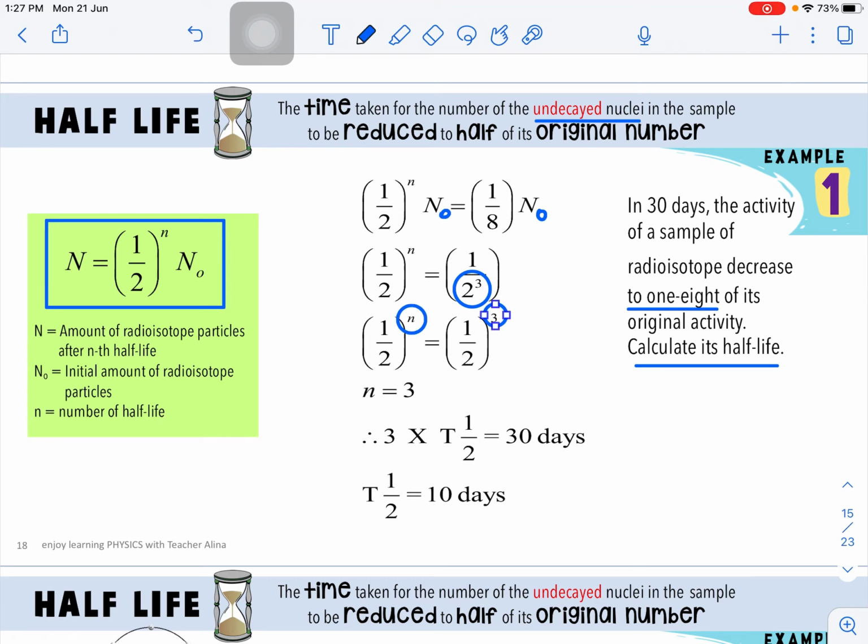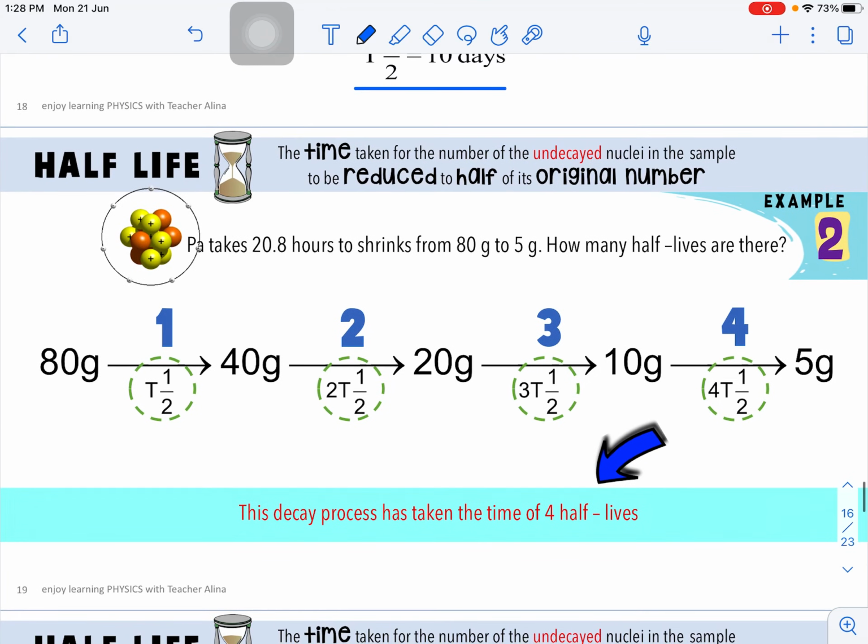So this is the number of half-lives. It means that we have 3 half-lives in 30 days. So what is the half-life? 30 days, 3 half-lives. So for 1 half-life, we divide by 3. So the half-life is 10 days. Okay. So this is another example.